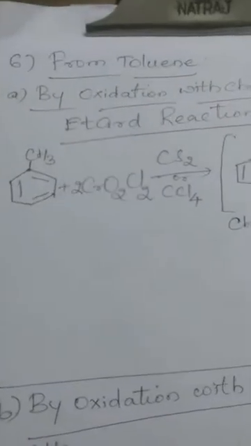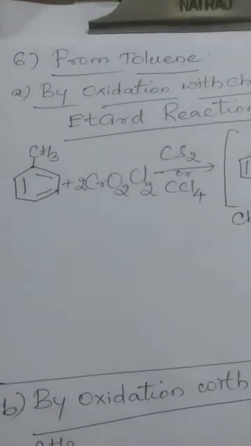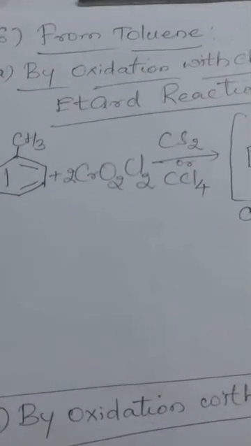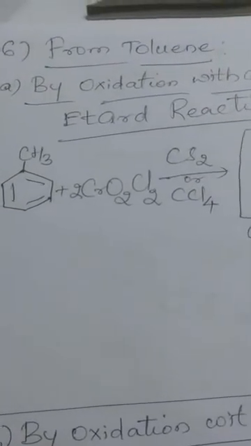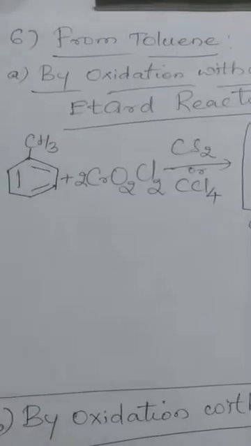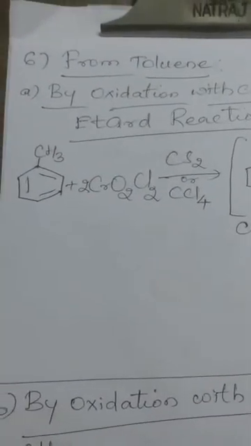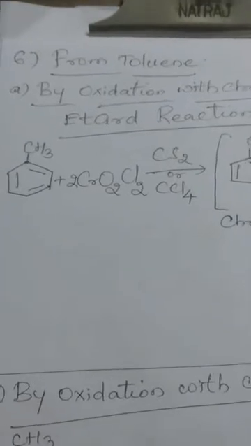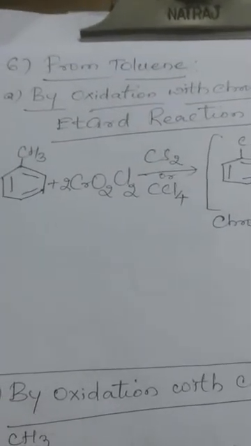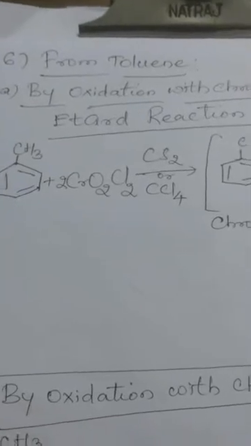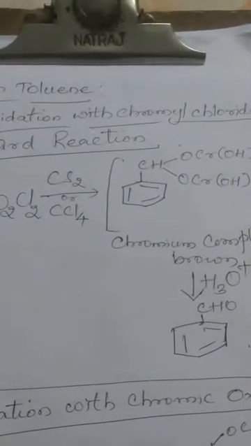Now the methyl group of toluene is oxidized by chromyl chloride CrO2Cl2 in the presence of carbon disulfide CS2 or carbon tetrachloride CCl4, so that an unstable intermediate forms: the two hydrogen atoms of the methyl group are picked up by the oxygen of chromyl chloride CrO2Cl2, and you will get a brown colored chromium complex.